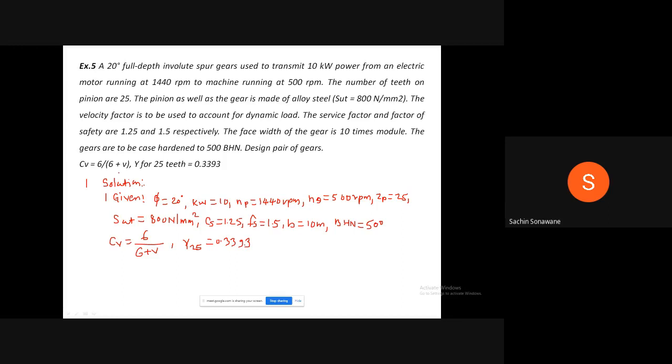Therefore, these are the given quantities. Therefore, we will solve.